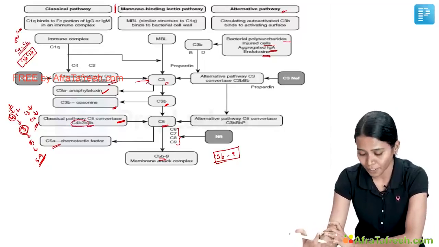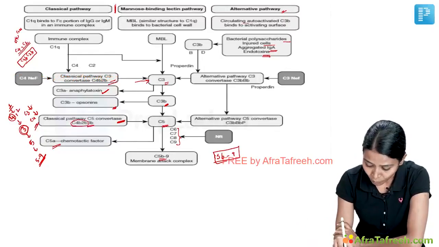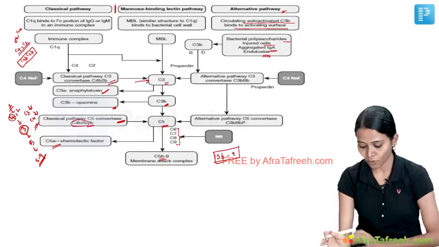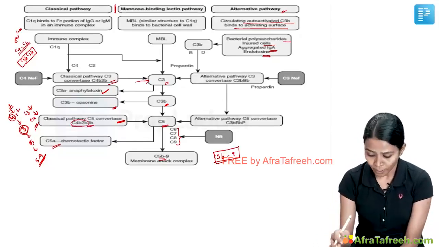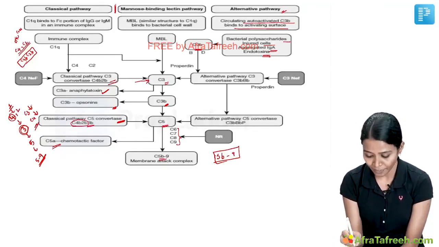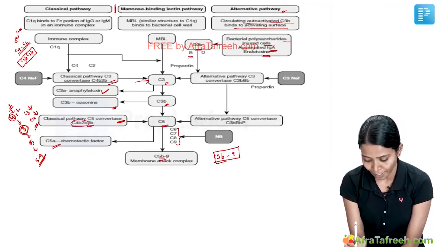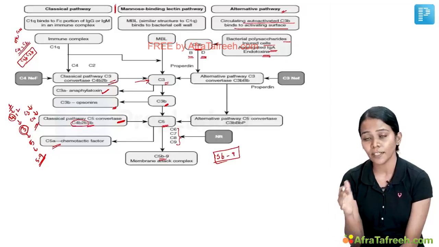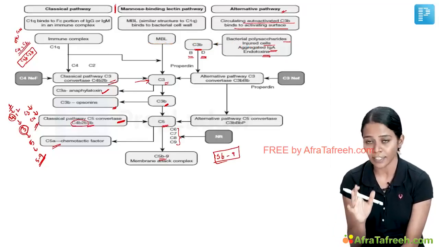trigger alternative pathway. Circulating auto-activated C3b binds to an activating surface on all these cells. This C3b, with the help of factor B and D, forms an important thing called C3 convertase.